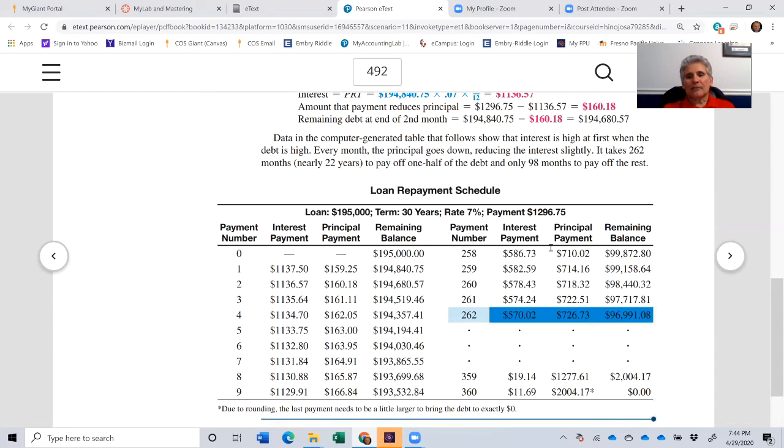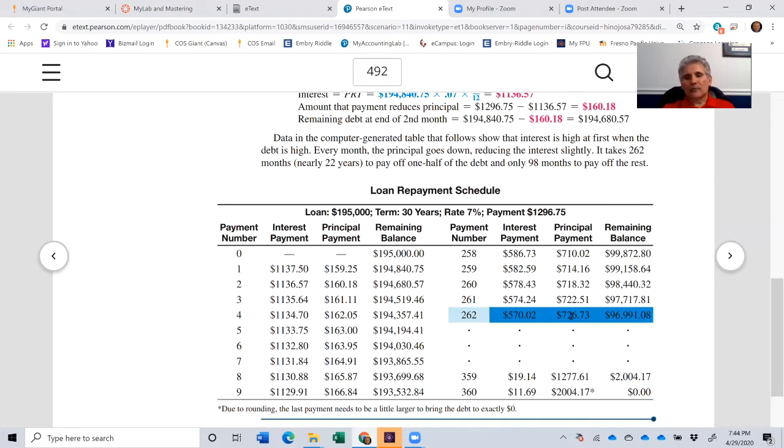Towards the end, when we're getting to the very last payments, let's say on payment 262, the total payment is still $1,296.75, but of that, $570.02 is going towards the interest, which means $726.73 is going towards the principal.